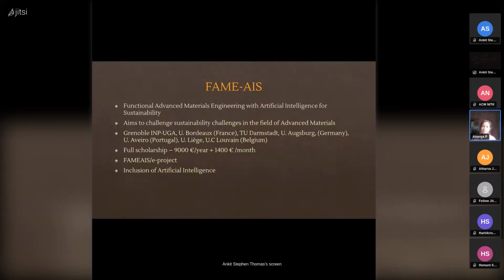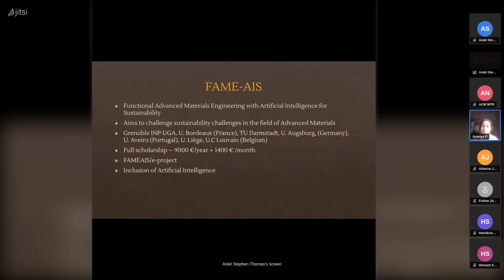The universities which have a tie-up to this program are Grenoble INP and Bordeaux in France, TU Darmstadt and Augsburg in Germany, Aveiro, which is in Portugal, and University of Liège and Louvain in Belgium. How this program works is that for the first year, you can either try for Grenoble INP or TU Darmstadt.